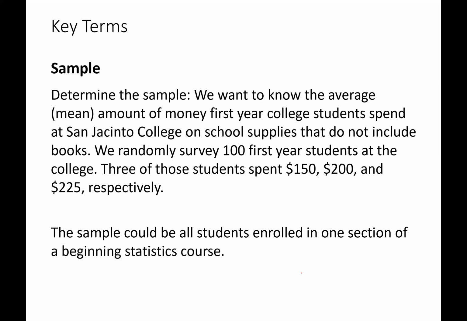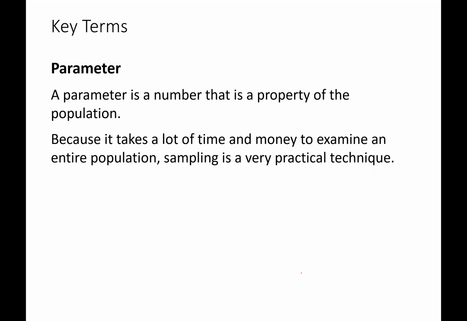Well, that may be true if that's where that 100 people came from. But the fact of the matter is, if you survey 100, wherever they came from, that would be your sample. And they may come from one section of a statistics course. They may come, well, we'll talk about that later.